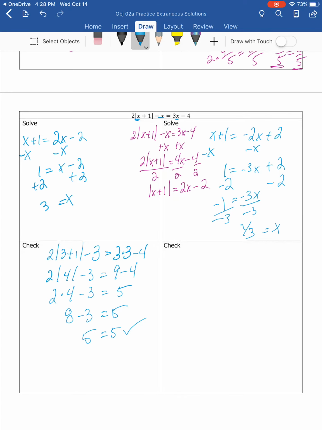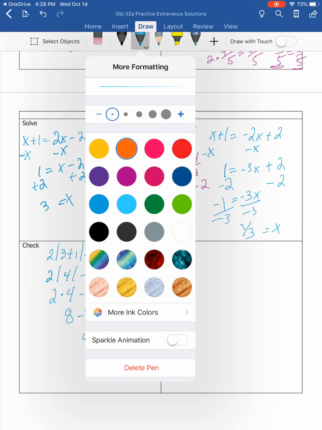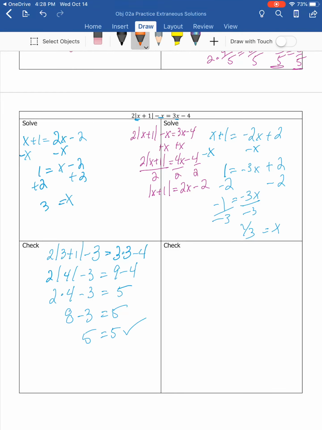Okay, same thing. You can substitute everything into Desmos if you want. I'm just going to do it here. So it's going to be 2 times the absolute value of 1/3 plus 1, minus 1/3, is equal to 3 times 1/3 minus 4. Okay.